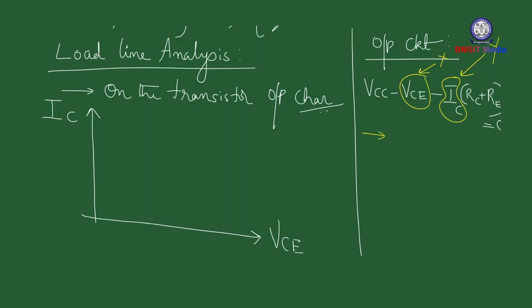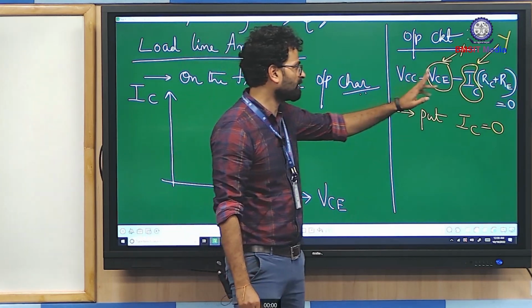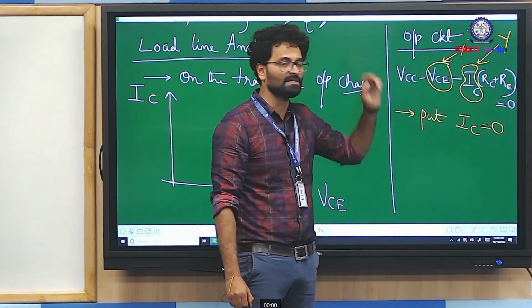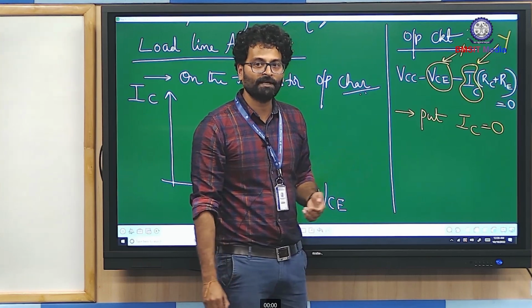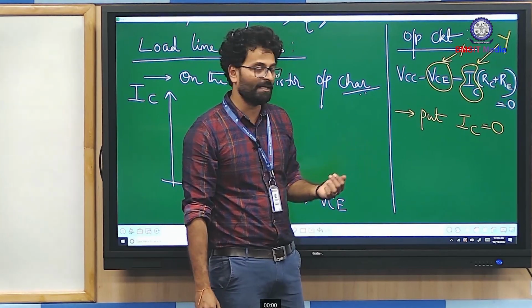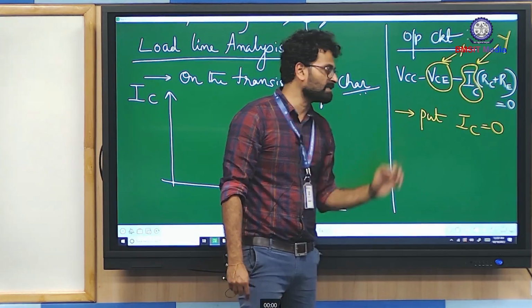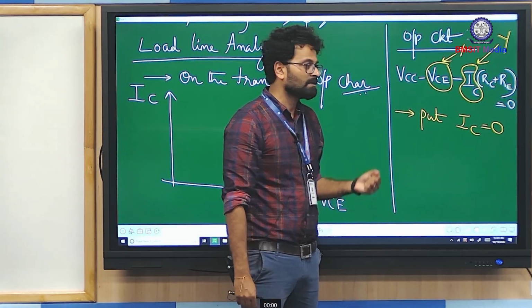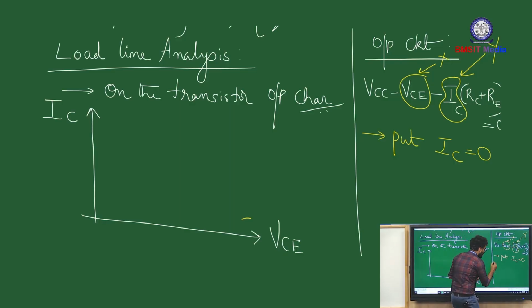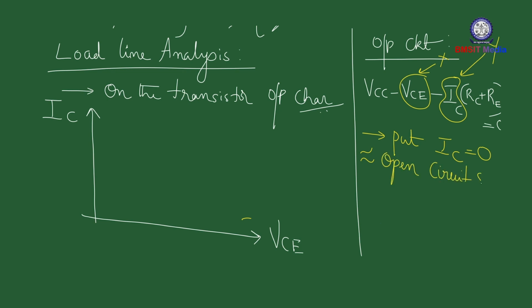Let us say IC is equal to 0. There are two variables: IC is a variable, VC is also a variable. In order to find the x-intercept or y-intercept, you have to assume one variable as 0. So assuming IC is equal to 0, in electronics, the meaning of IC equal to 0 is analogous to an open circuit situation.